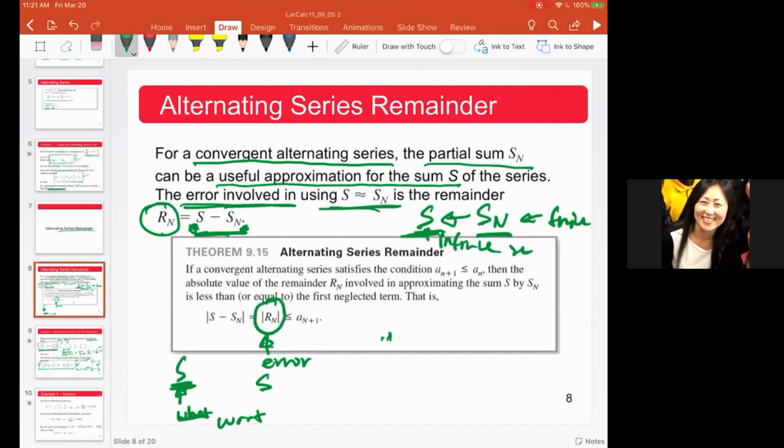But I can find S sub n, and I'm going to use this as my approximation for this sum. So S is not exactly S sub n. They're not exactly the same, so you will have a little bit of error. We call it R sub n.